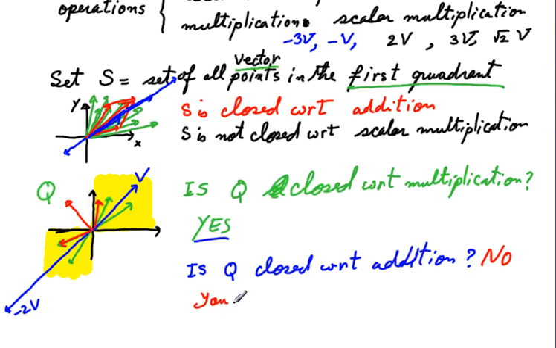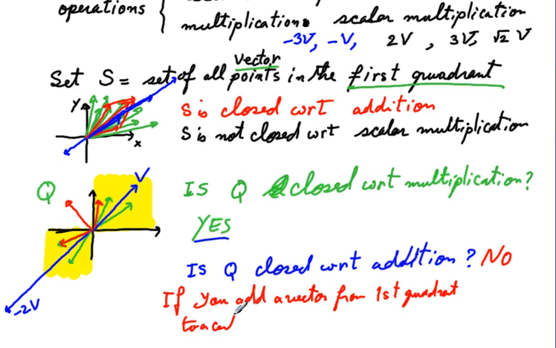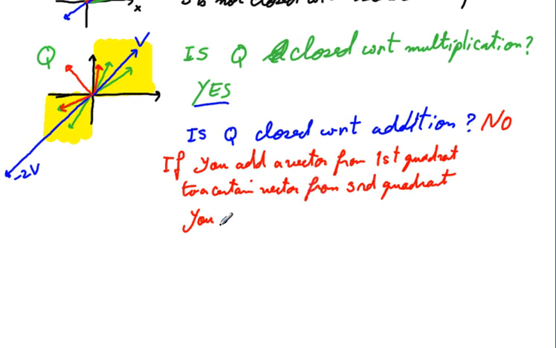As an explanation, if you add a vector from the first quadrant to a certain vector, you could end up in the second quadrant.